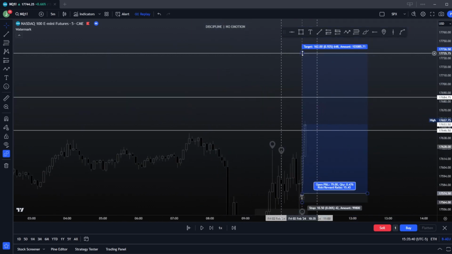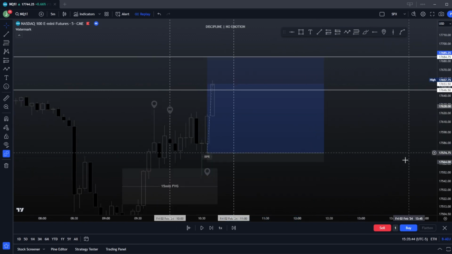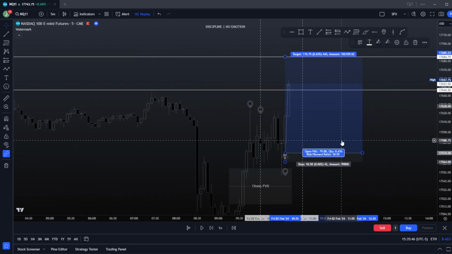Let me lower this, because this is more realistic as to where. But even with that, those are the targets we're targeting. We're looking at a 10.55 risk to reward ratio. A 10.55 RR.